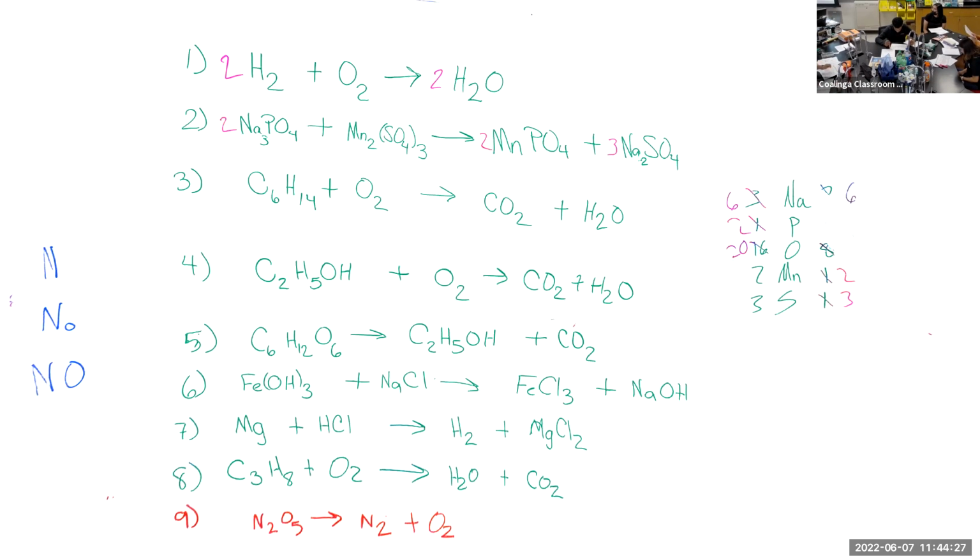Capital N means nitrogen, capital O means oxygen, capital N, lowercase o means nobelium. It's a different thing. So you want to make sure that you're writing the chemical symbol correctly, because if you're not, you're going to end up getting the wrong thing.